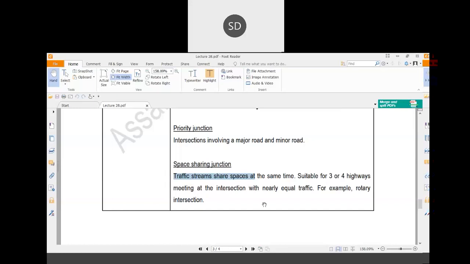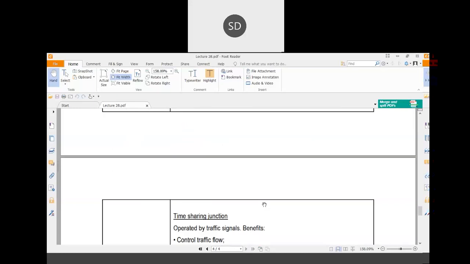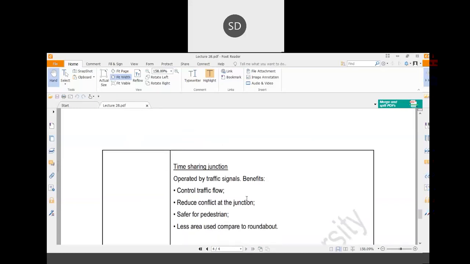In this way, vehicles from different traffic streams share the same place. For this reason this type of junction is called a space sharing junction.